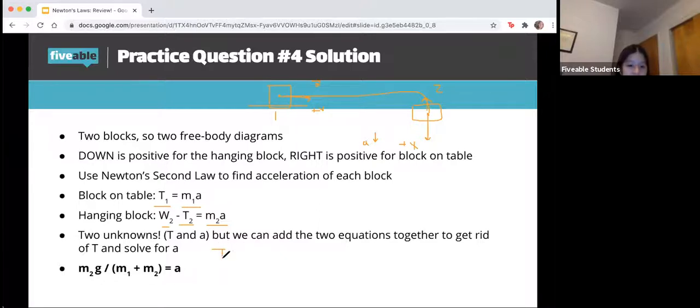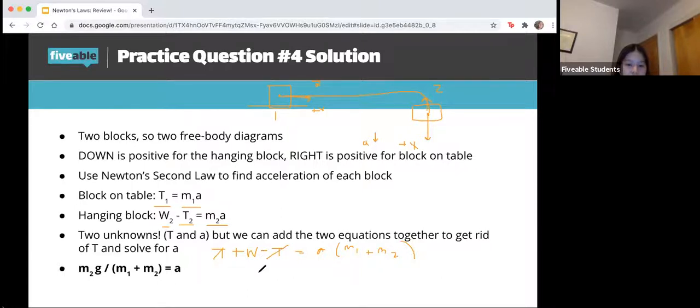Because it's the same rope, you can eliminate the tension. If I had another block here, that would not work anymore, because it would be two different ropes. If we're working with one rope, it is all the same tension. So eventually we get m2 g equals a times (m1 plus m2), since T minus T is 0, boom.